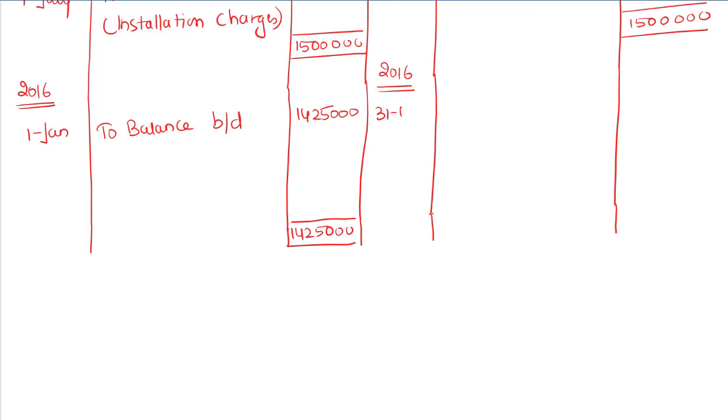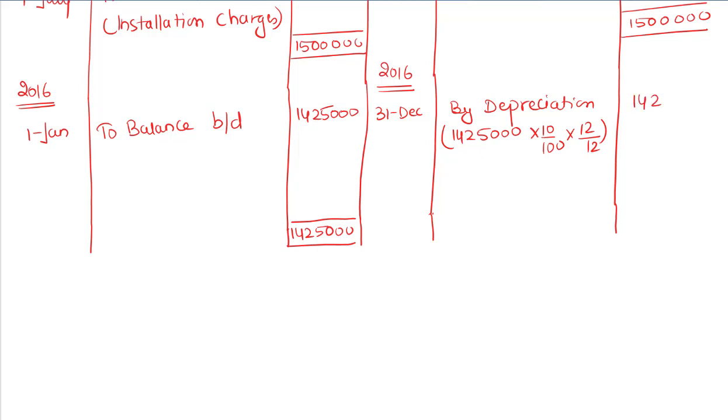On the last day, that is 31st December, the depreciation needs to be charged. So we'll write by depreciation. Now we need to charge depreciation on the reduced value, the written down value, that is 14 lakh 25,000 multiplied by 10%, multiplied by 12 by 12 for the whole year.